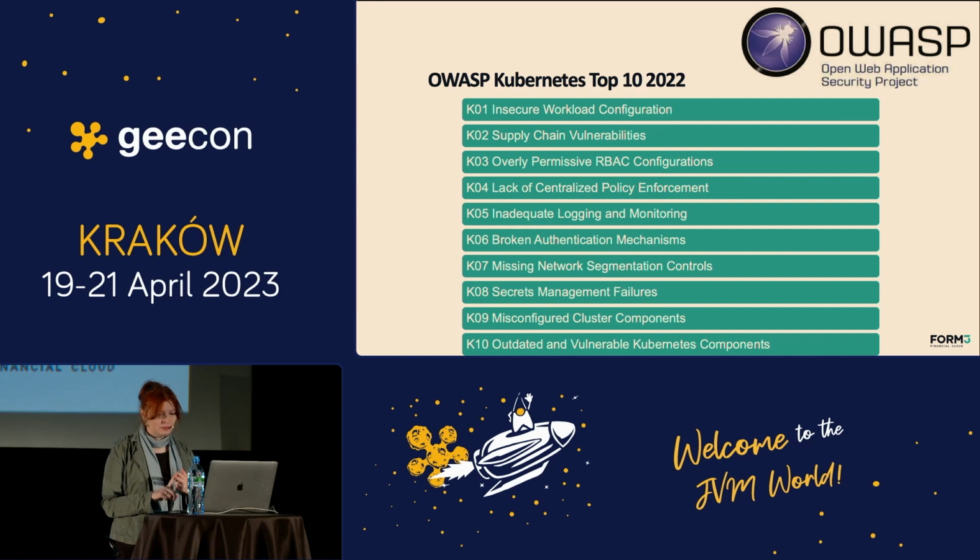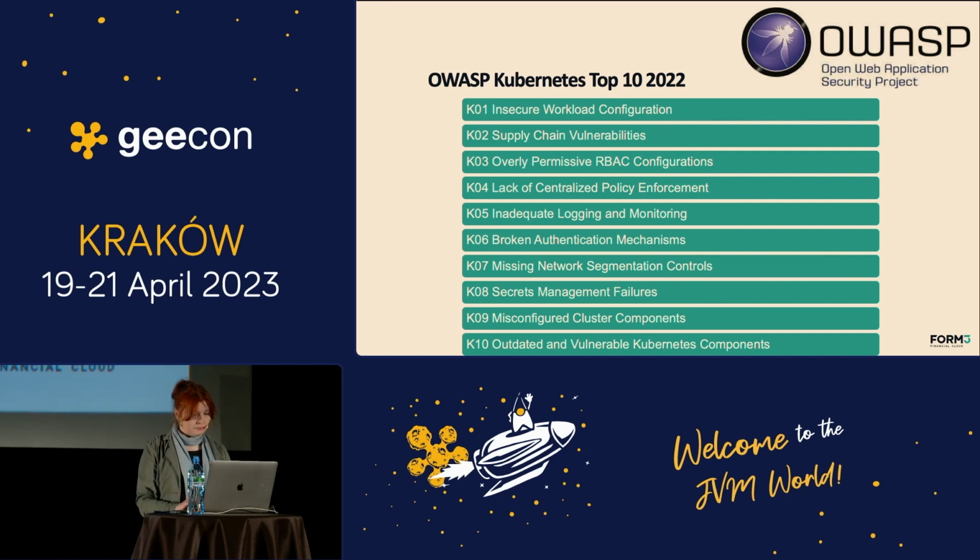Number 8, protect your secrets. As simple as that. However, in practice, it depends. By the way, I had this talk at GeeCON only on Wednesday, and also a colleague of mine was having a talk on external secrets operator. So some external tools might be needed in this case to protect your secrets properly.